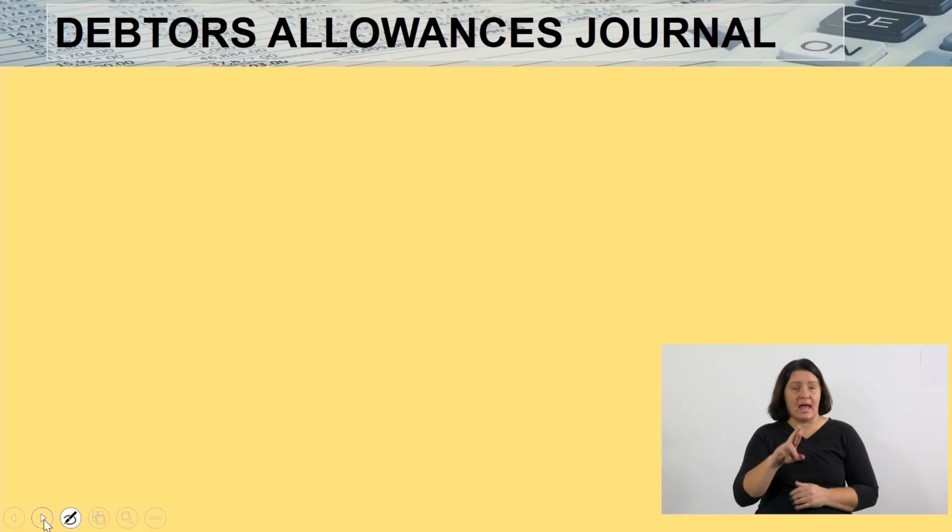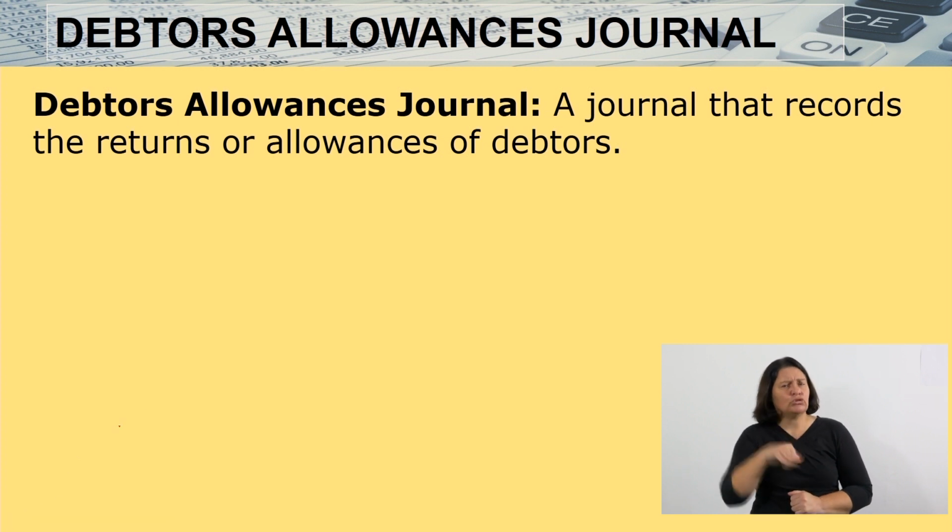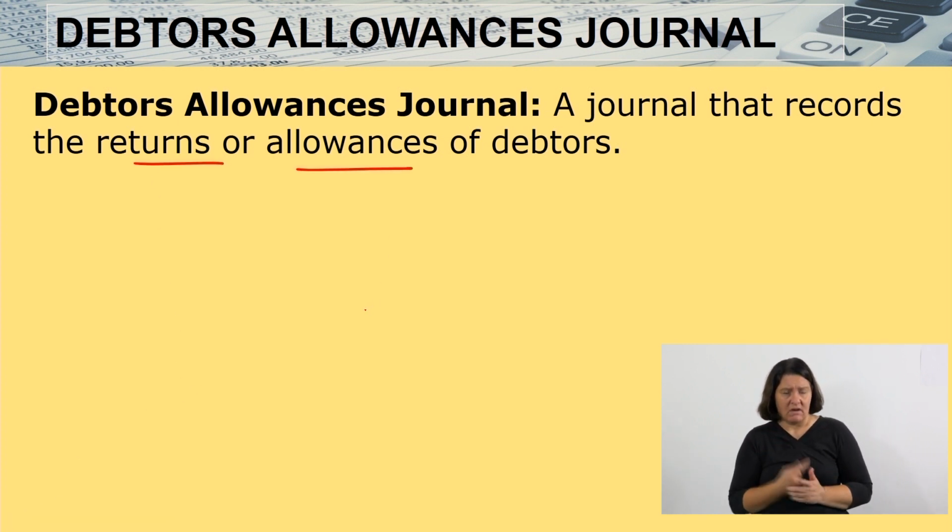My next journal is what we call the debtors allowances journal. This is a journal that records returns or allowances of debtors. In the event that our debtors are not satisfied with the quality or the type of goods we sold to them, they are allowed to return the goods.